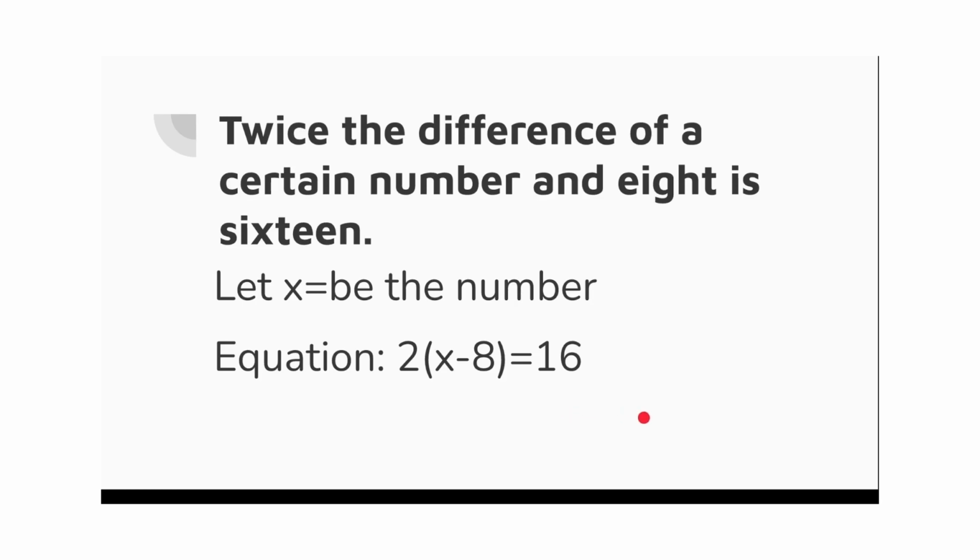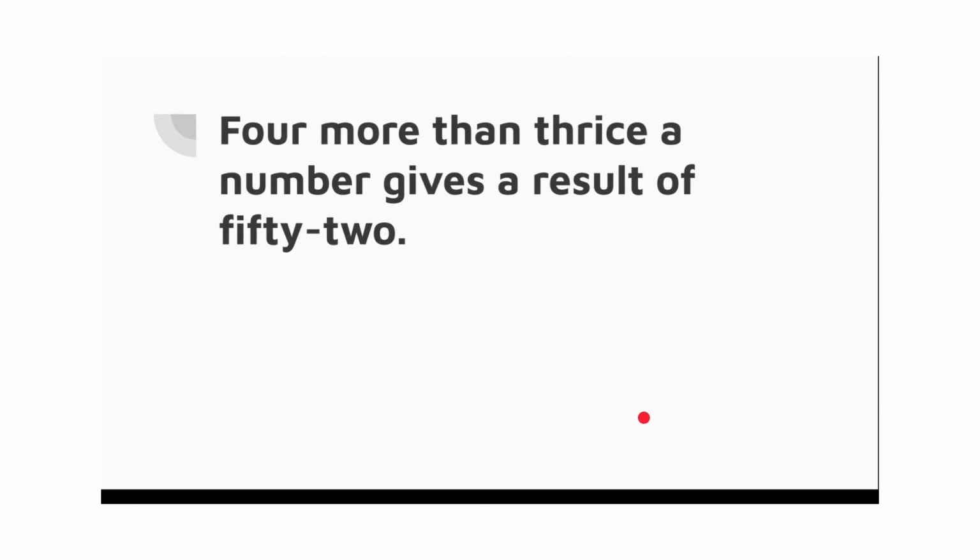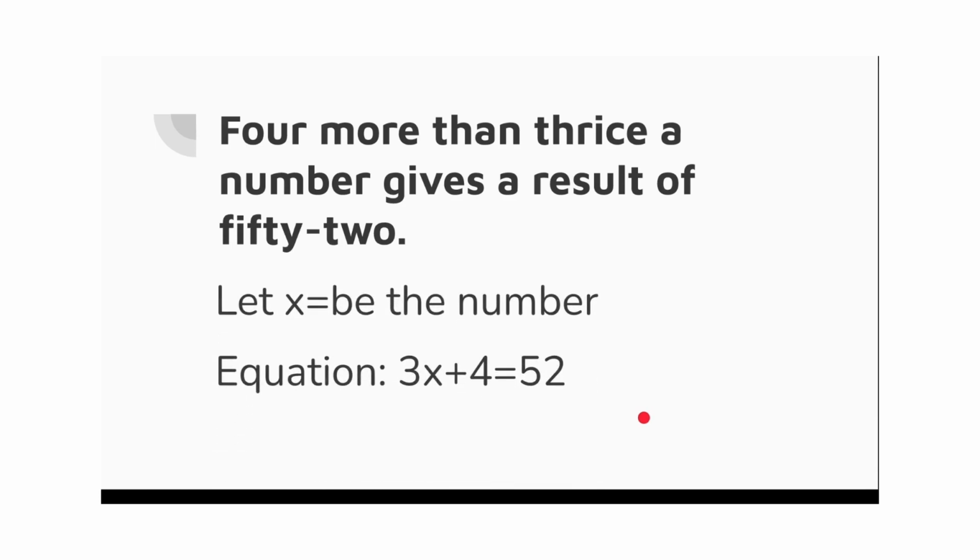Let's try another example. 4 more than thrice a number gives a result of 52. So again, let's try to check and verify if there is an unknown in the problem. It says 4 more than thrice a number. As what you can see, x is the number, or we don't know what that number is, so we will let that as x.